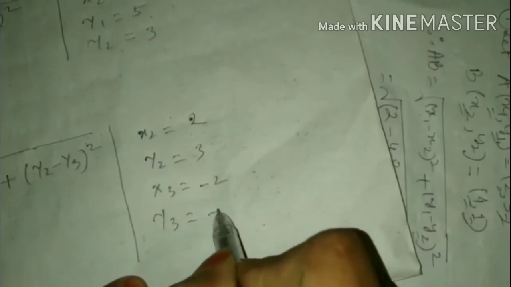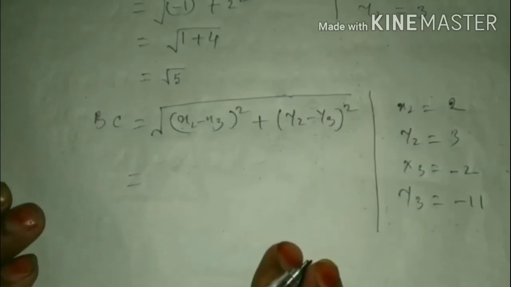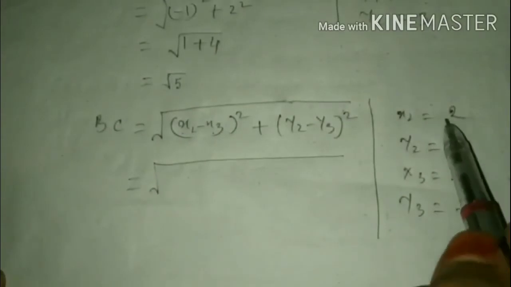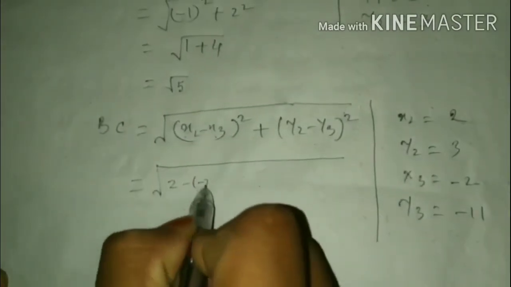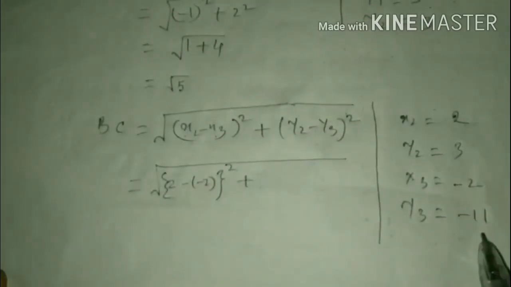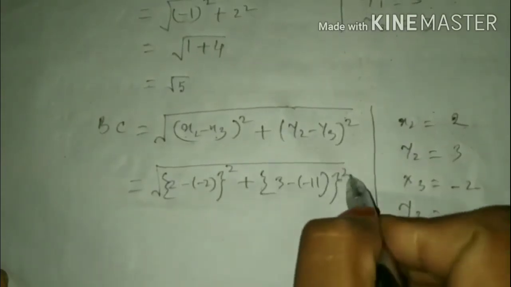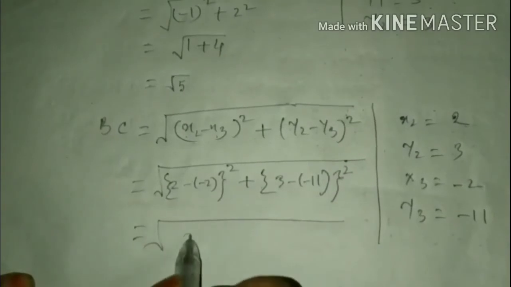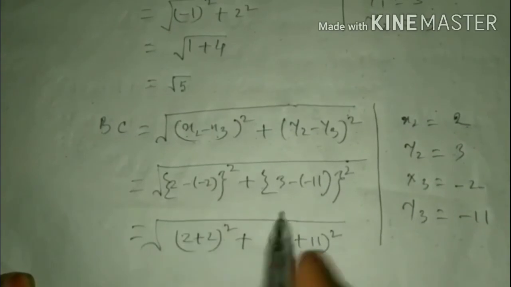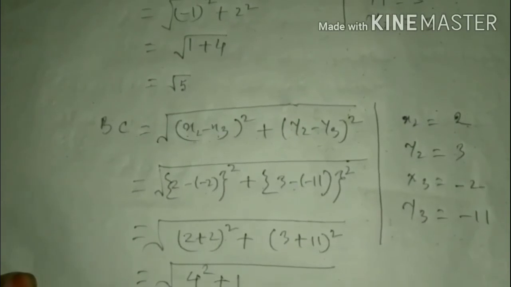Now put the values: 2 minus minus 2 whole square plus 3 minus minus 11 whole square. Minus minus becomes plus, so 2 plus 2 whole square plus 3 plus 11 square. So you get 4 square plus 14 square.